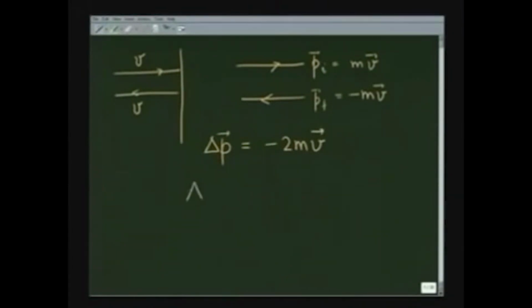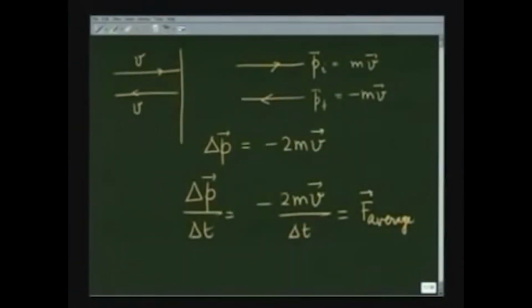I know that delta p over delta t, which is going to be minus 2 m v over delta t, where delta t is the time for which the ball was in contact with the wall, is the force that the wall has applied onto the ball.